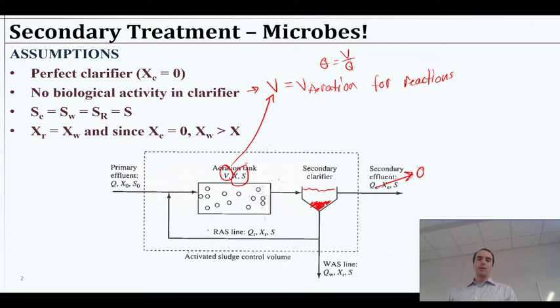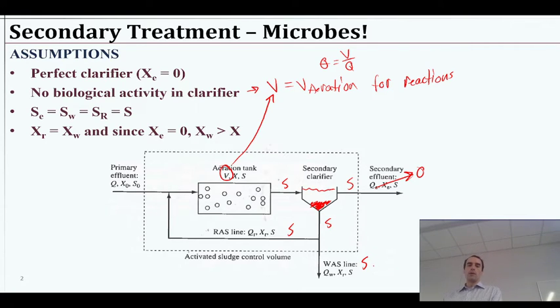So this S here is going to be the same S everywhere after, right? So we'll have S coming out here, we'll have S coming out here, we'll have S in this pipe, and the pipe splits into two directions. That's going to be the same S here and S here.